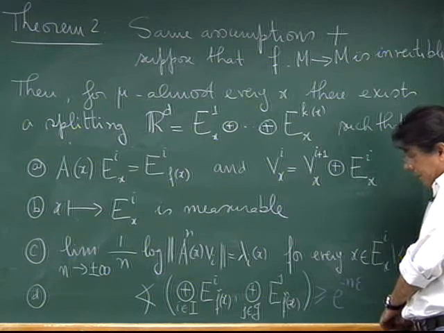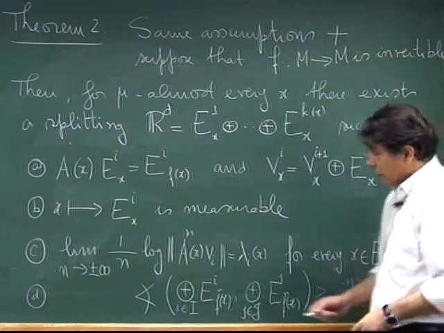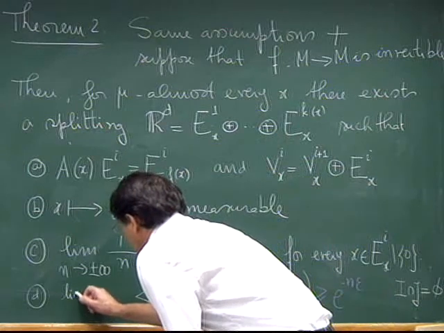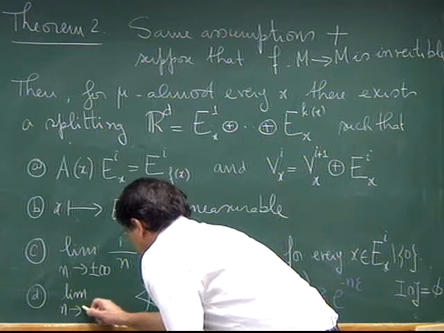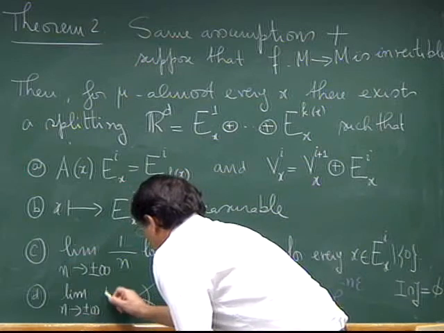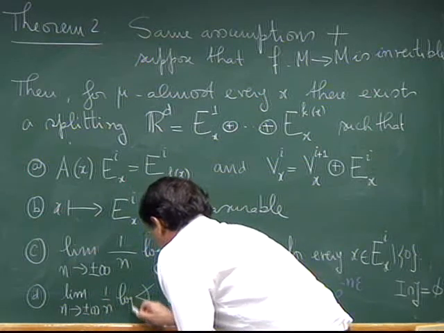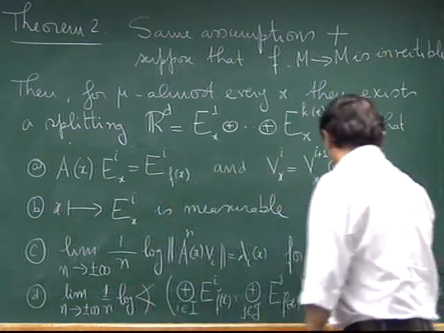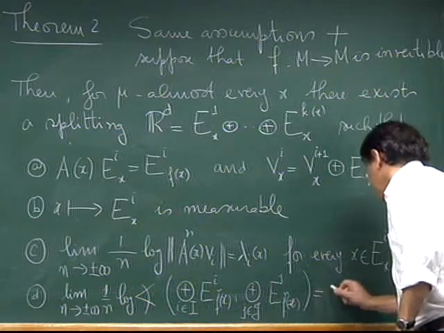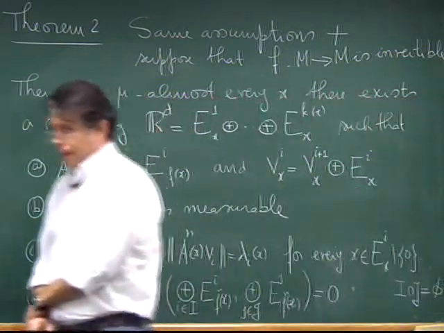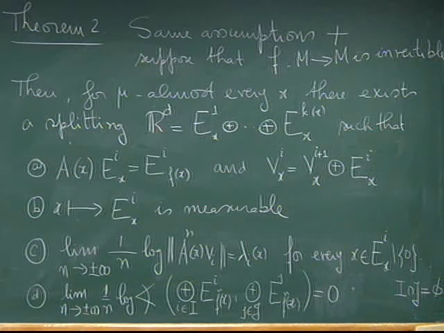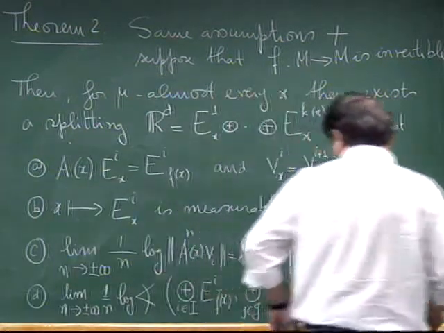So how do you write this in a simple formula? You say that the limit as n goes to infinity plus or minus of 1 over n log of the angle is 0. So as you iterate forward or backward, these subspaces could start to get closer and closer, but that will happen slower than any exponential.